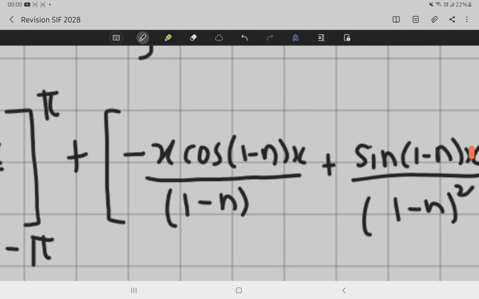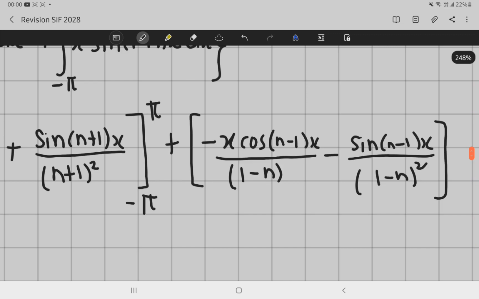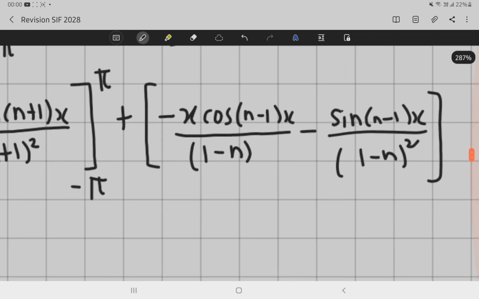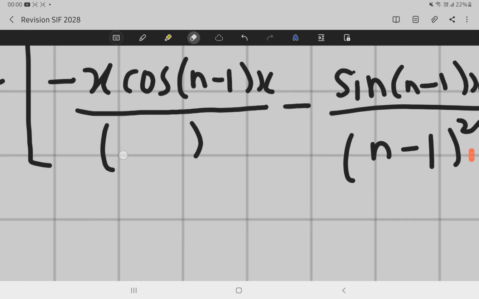So I can shift this 1 minus n to be n minus 1 because cos is an even function, and this also n minus 1, but because sine is an odd function, we need to put the minus sign there. And also because this is square, we can just flip them around with the minus sign, minus minus is plus, right, like that.